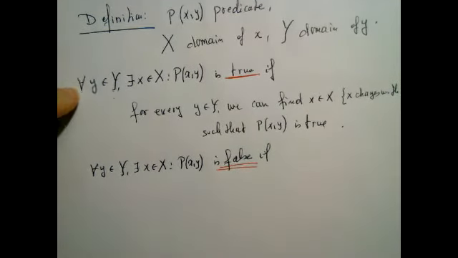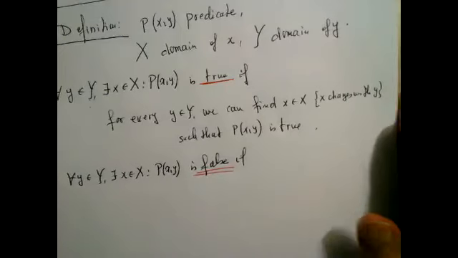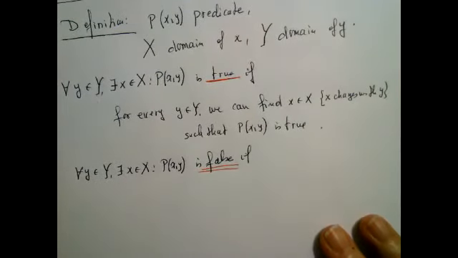So it's true if no matter what y, I can find an x that makes this true. So how could this be false?